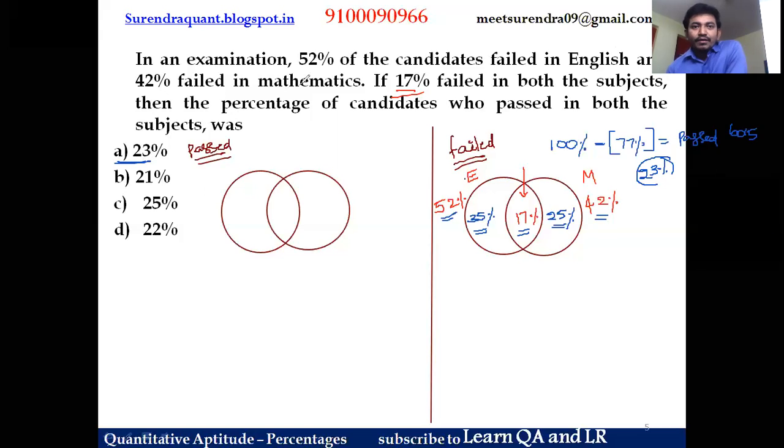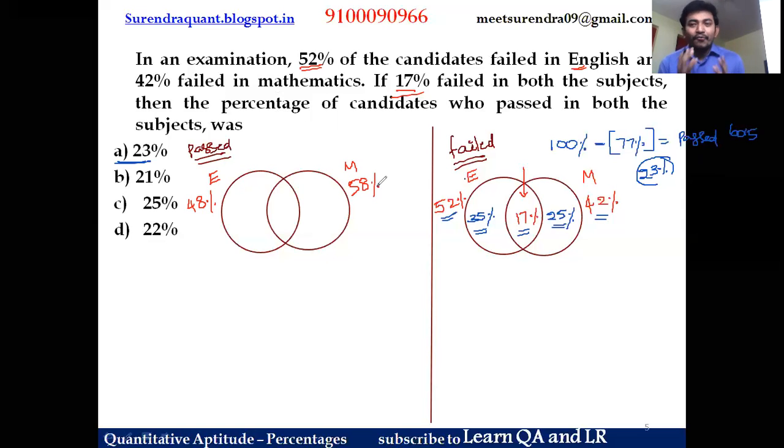52% failed in English. Out of 100% students who take English, if 52% failed in English, 48% passed in English, right? 100 minus that. And if 42% failed in math, 100 minus 42, 58% passed in math.